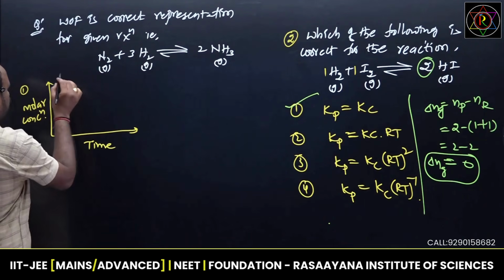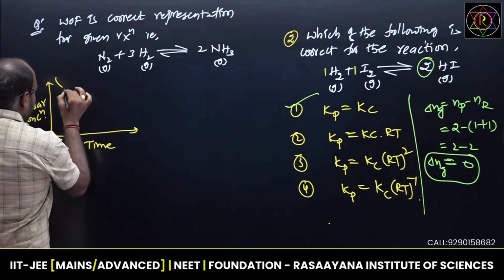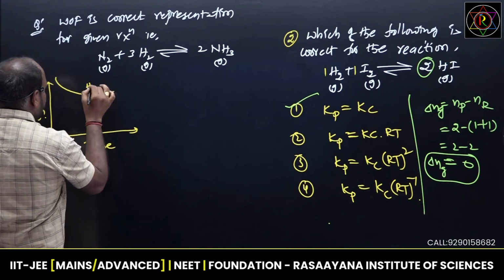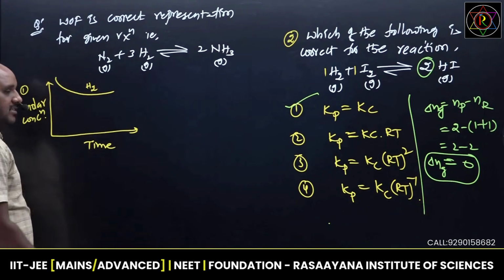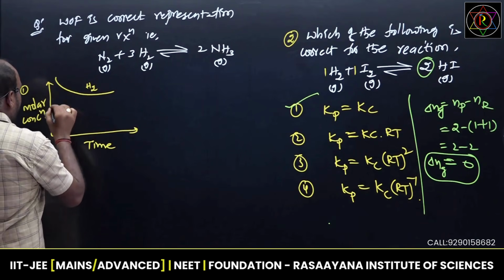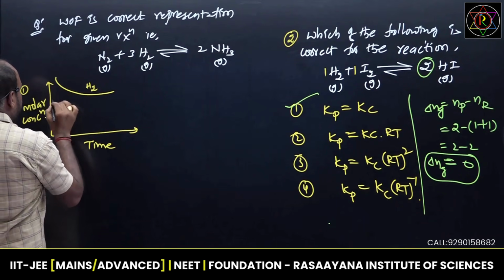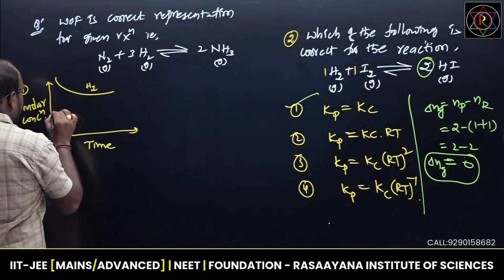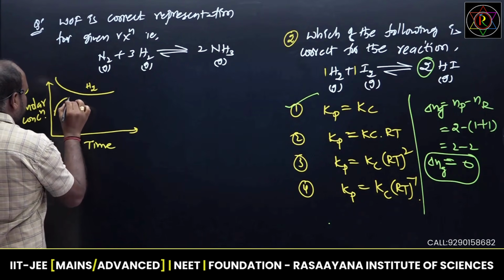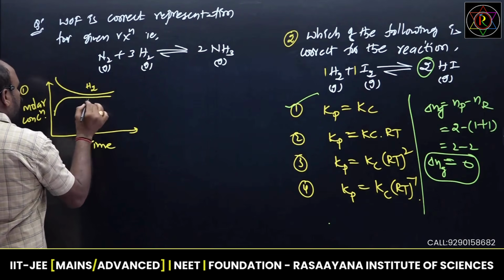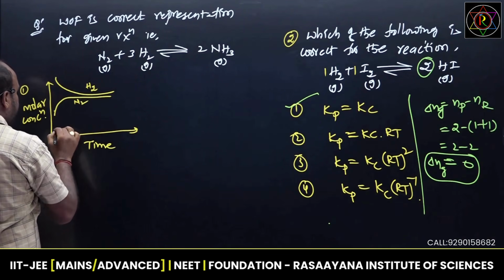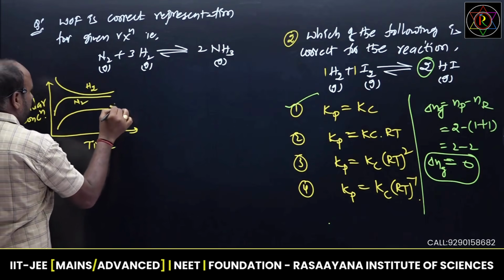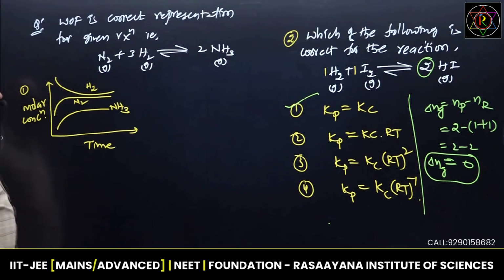Here the hydrogen concentration will decrease, next, the nitrogen concentration will increase. So then the ammonia concentration also increases. So this is the one representation.